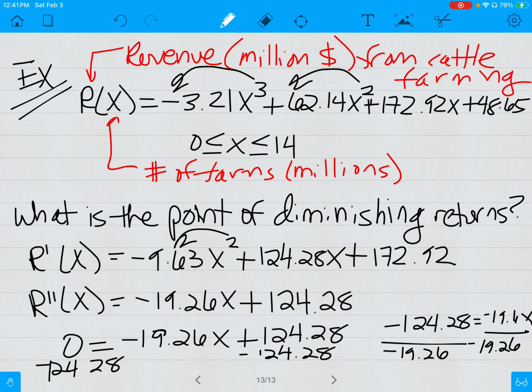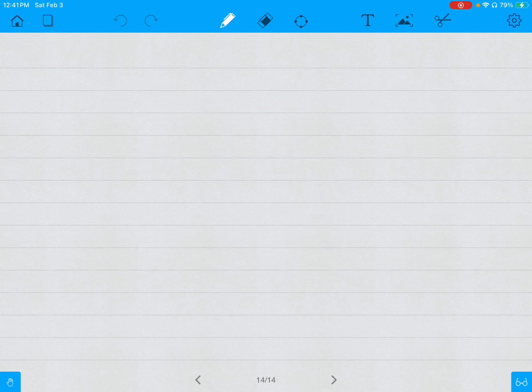And I am going to do this on the calculator really quickly because that is not going to be a well-behaved number. So we're looking at about 6.45 if we keep 2 decimal places. So that is the x value of the point of diminishing returns.